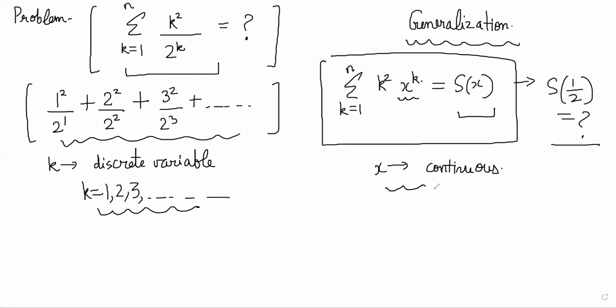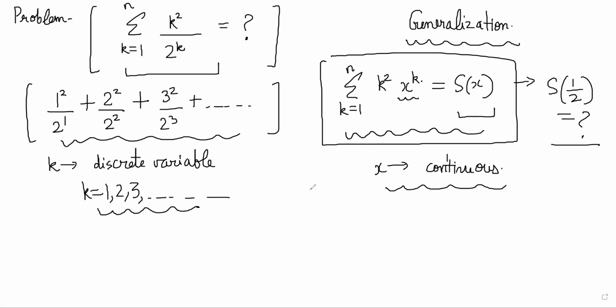You will see why differentiation becomes important here. But for now, you realize that there are far more tools available to you if you have a continuous variable, because you can do calculus with continuous variables. You cannot do calculus when the number is an integer and its value changes from 1 to 2 and so on, right? So let's see how to approach this problem.